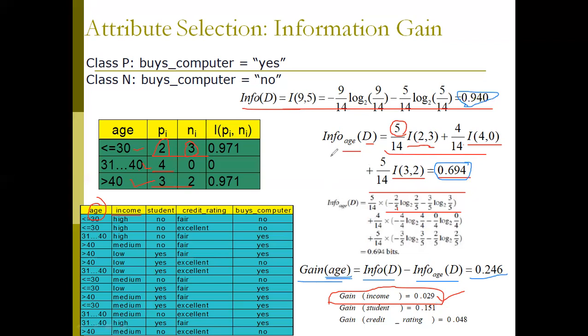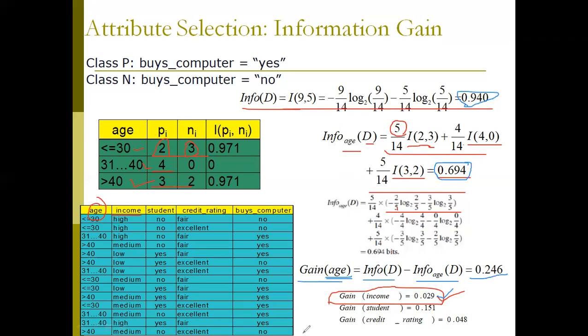Till now we have calculated the information gain for age. In the same manner, by using the same formulas, you should calculate the information gain for the income attribute, and also the student attribute and the credit rating attribute. I have applied the same formulas on income, and I would get this particular value, 0.029.